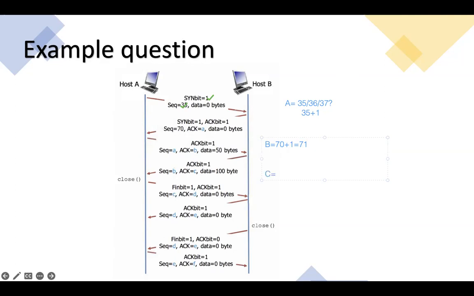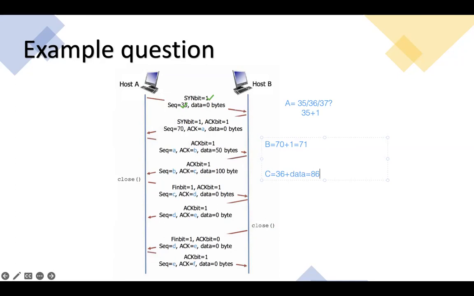C equal to this one. We are looking at the sequence number A, which is 36. So it's 36 plus the data size, which is 50. So it's 86.